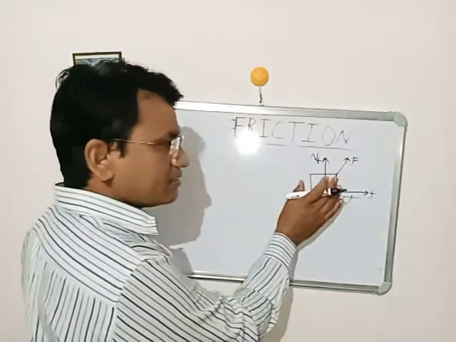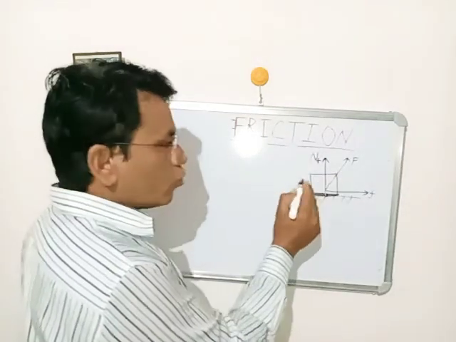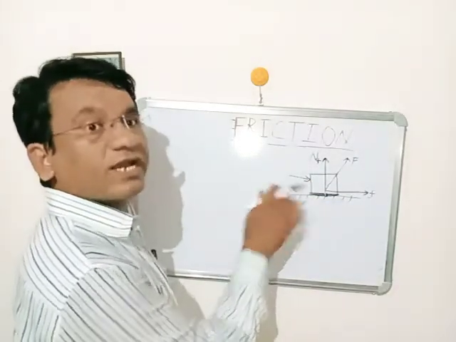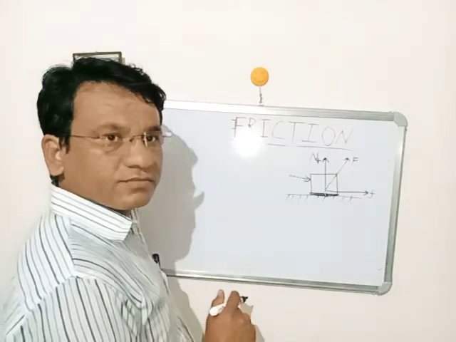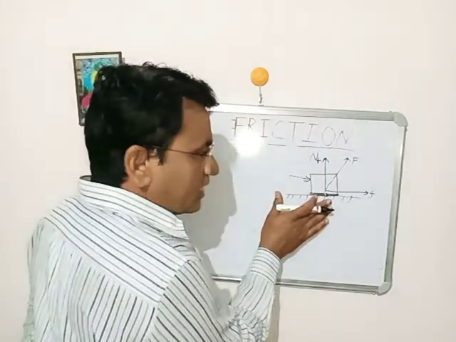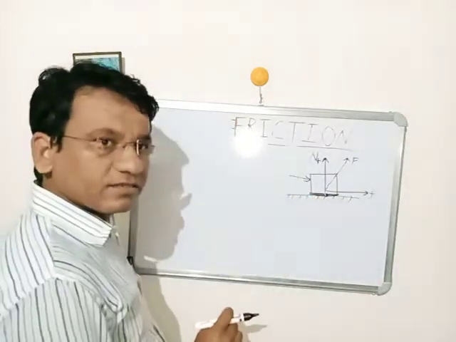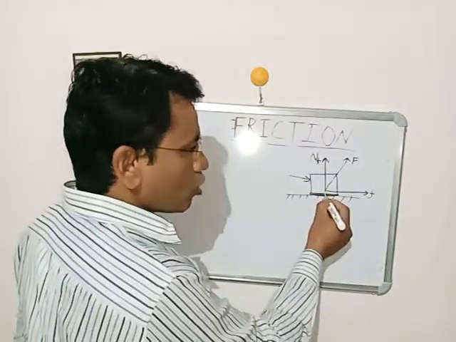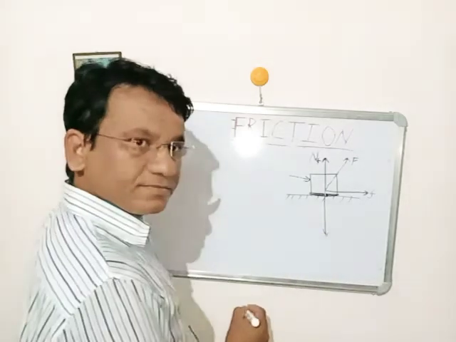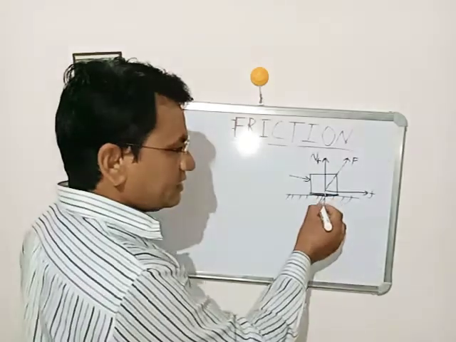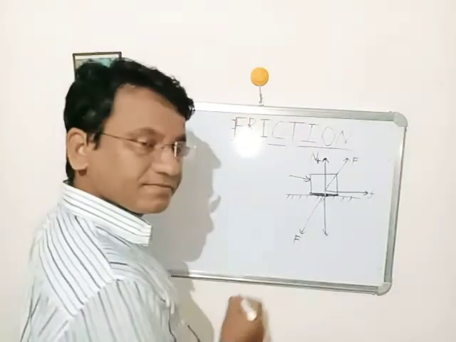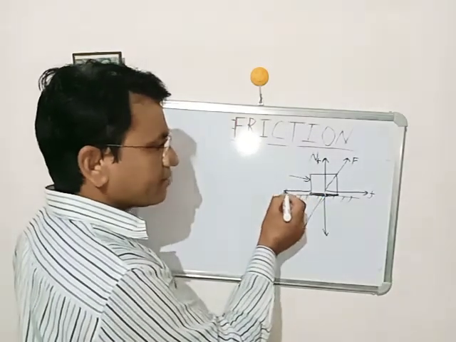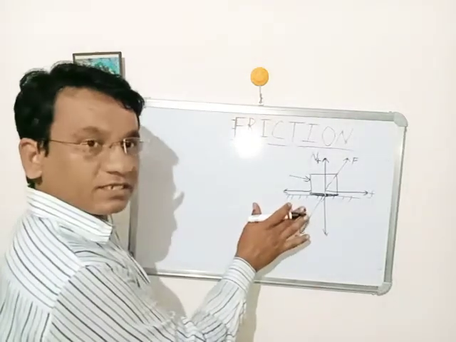So that is for the body which is placed on the surface of the other body, and for the surface the similar forces will act. The normal force will be here, the resultant force will be here, and the friction will be here for this body.